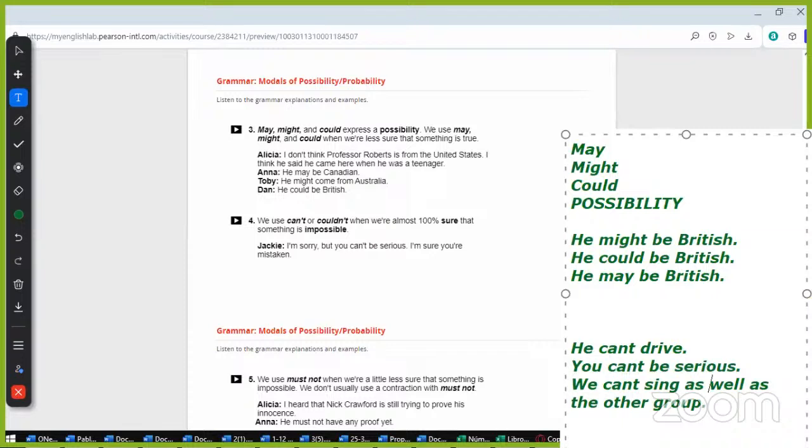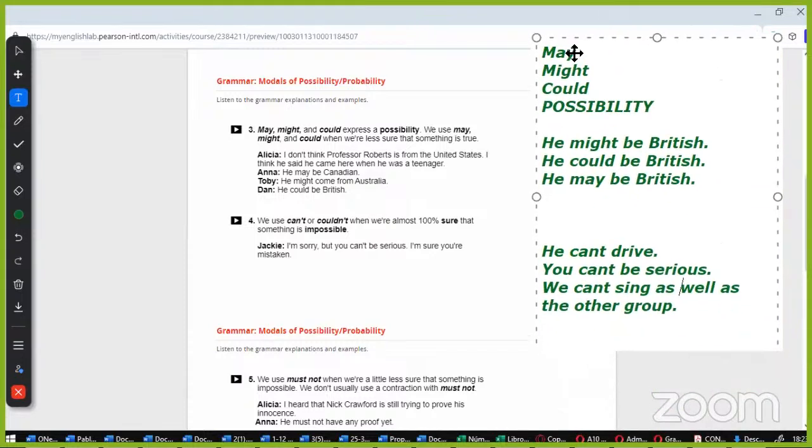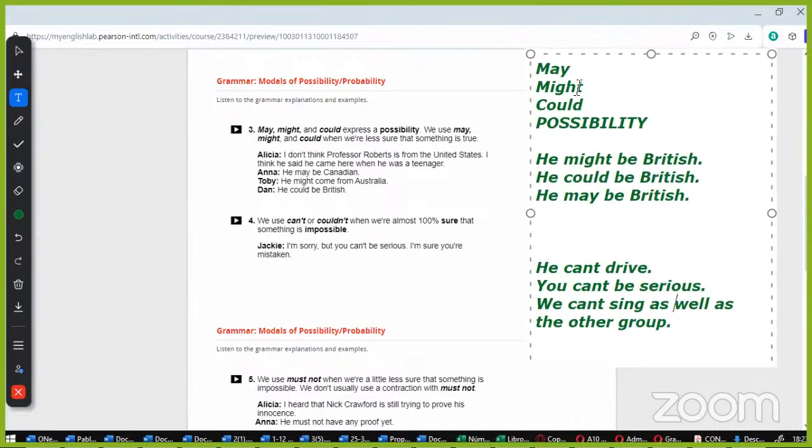Okay, so we use can't and couldn't when we're almost 100% sure that something is impossible, and these three express possibility: may, might, and could.